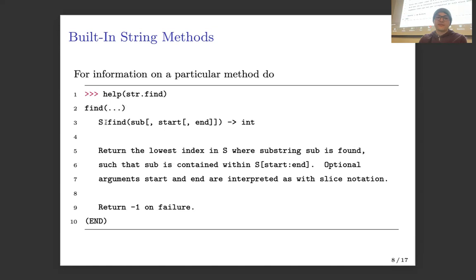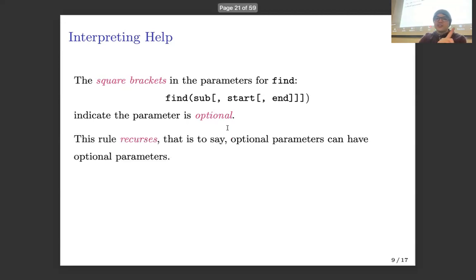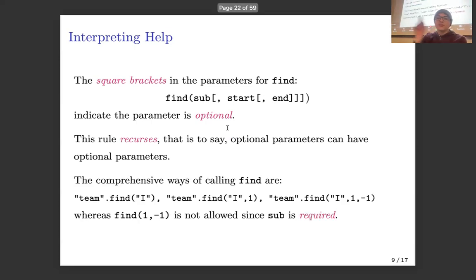Right, so we need find, and you're obligated to give this first argument, but then you optionally can give the start argument, and then optionally give the end argument. So square brackets here and the parameters for find indicate the parameter is optional. So this rule recurses, that is to say, optional parameters can have optional parameters, right? Because the first one was required, the second one is optional, and the second one has a third optional argument. So here are the comprehensive ways of calling find.